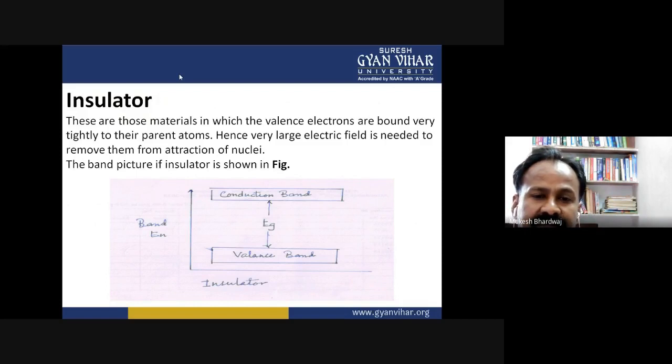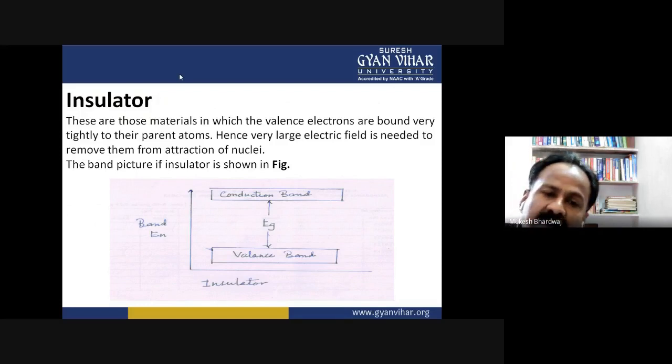The valence band and conduction band, and the gap between these two bands is denoted by Eg, known as the forbidden energy gap, and the gap is very wide, as you have seen through the diagram.